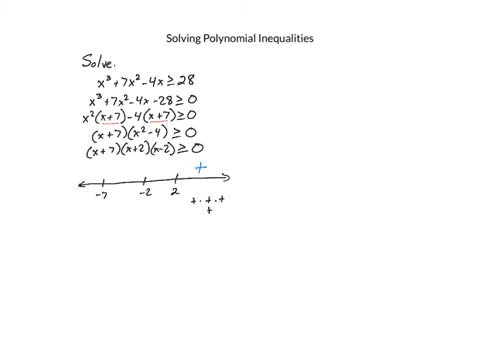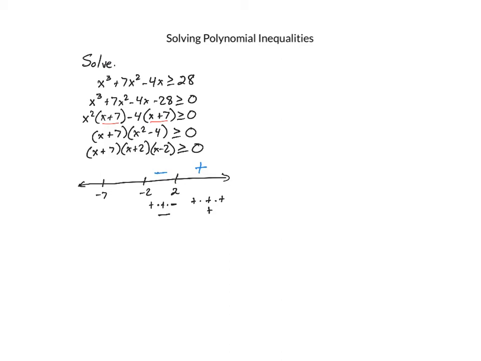Let's pop in 0 in between -2 and 2. 0 popped into that expression gives me a positive times another positive times, notice, a negative, because 0 minus 2 would be -2. So if I have a positive times a negative, the result is negative. In between -7 and -2, we'll test -5.